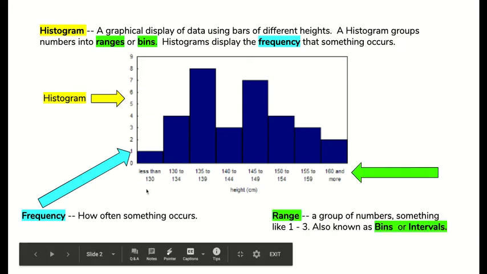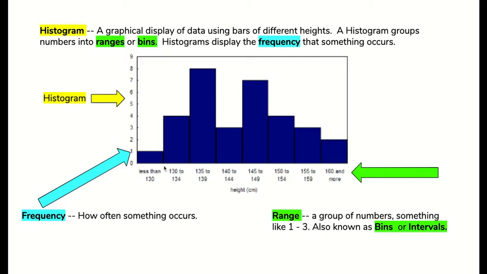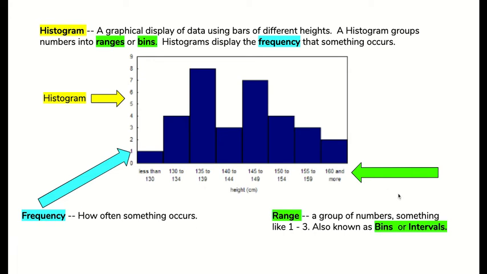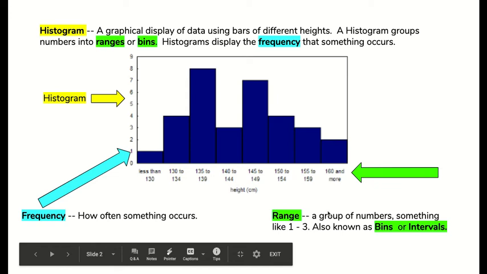And what these ranges are showing me is how many people, for example, are less than 130 centimeters, or how many people are between 130 and 134 centimeters. So these are a way that we are grouping data into ranges or into intervals. You might hear the word bins as well, okay?